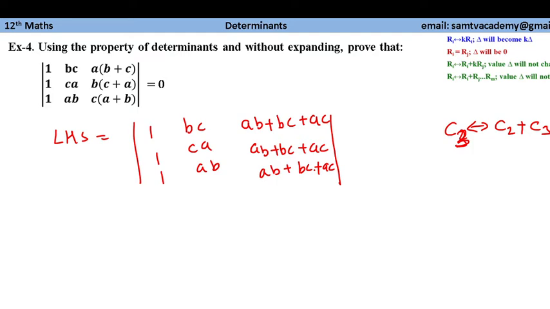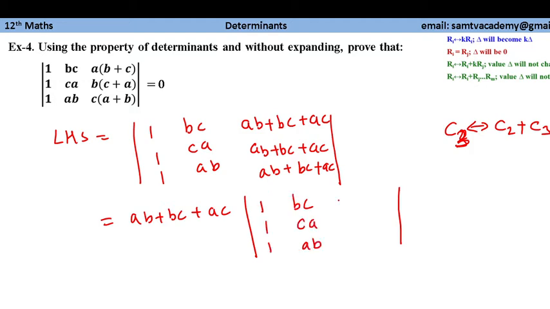Now we will take AB plus BC plus AC common from here. Now the determinant will become like this. Column 1 will be 1 1 1, BC, CA, AB. Now the third column will be 1 1 1.